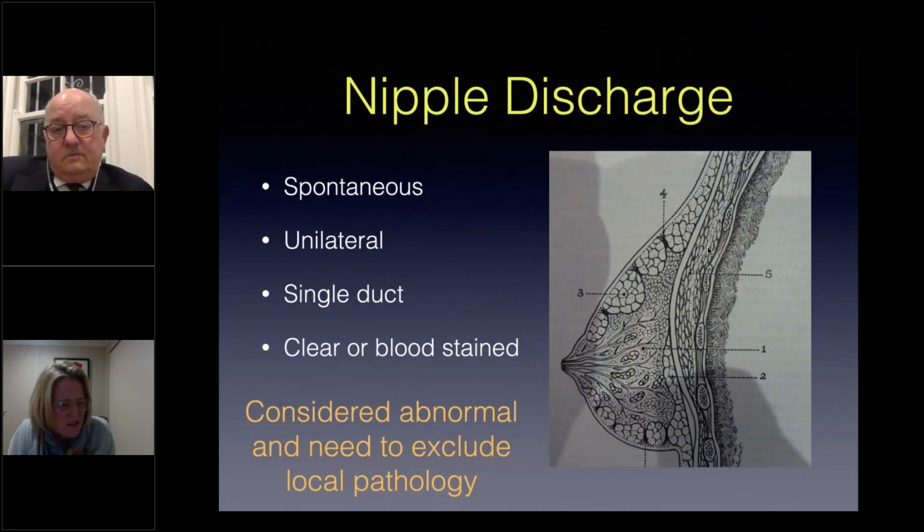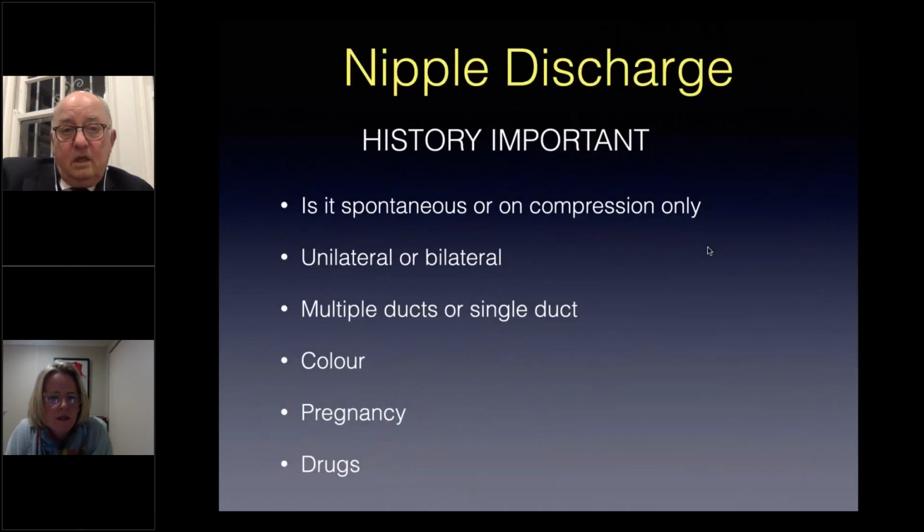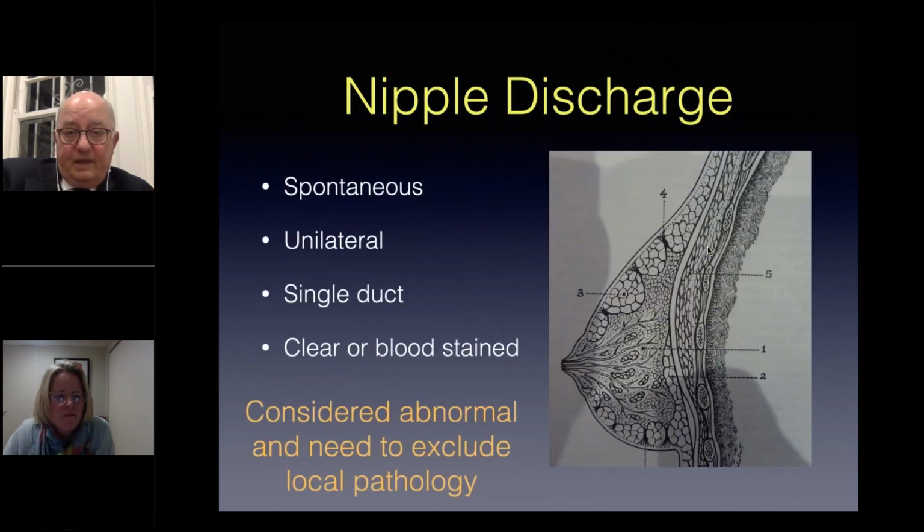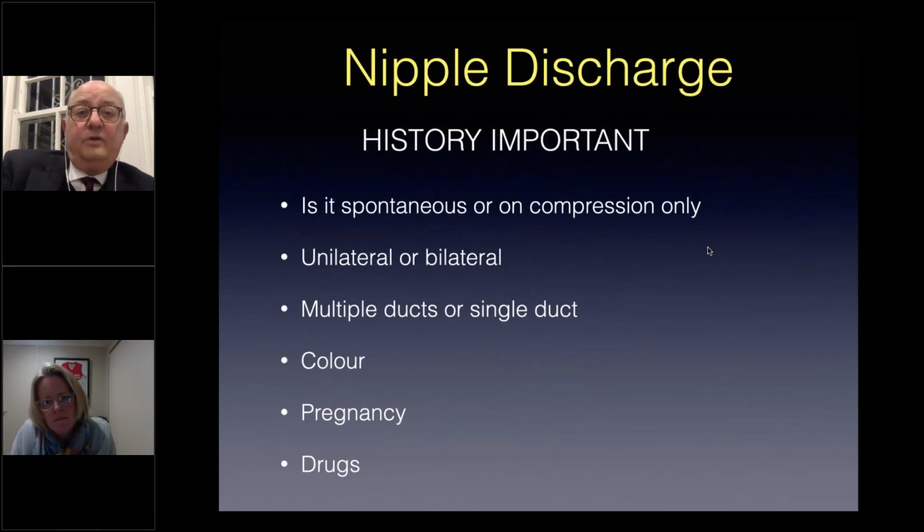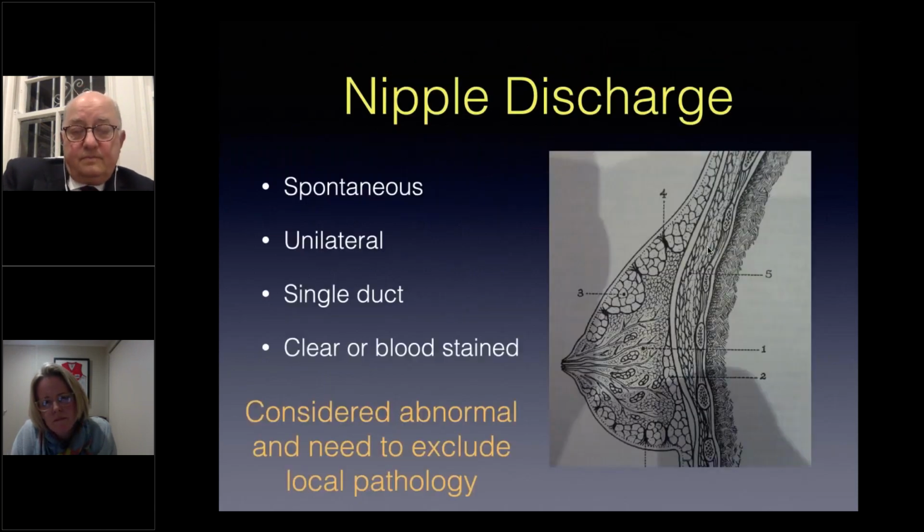I think you've probably answered this, but should all non-lactational mastitis be imaged? My personal thing is they should be. Firstly, during the mastitis is one point, and what do you do after the mastitis?